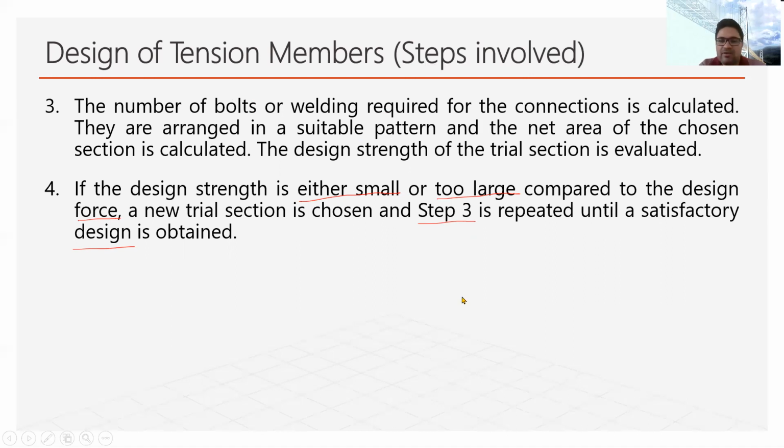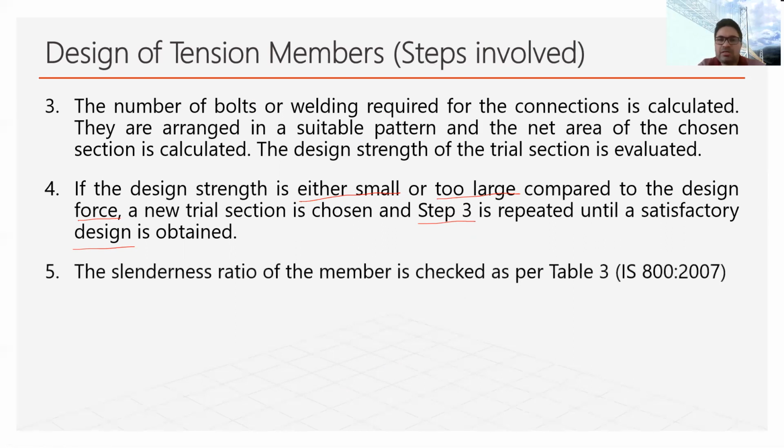Once we select that, we sometimes also check the slenderness ratio requirement, because in a tension member, as I said in the first part, slenderness ratio is generally not very significant, but for minimum stiffness requirement, we check the slenderness ratio for the member.